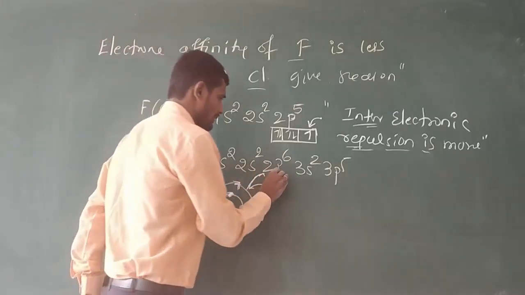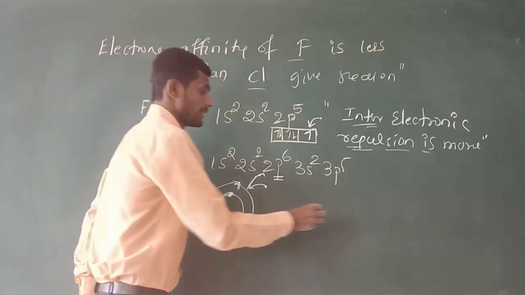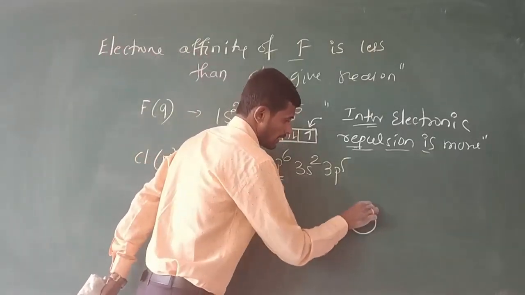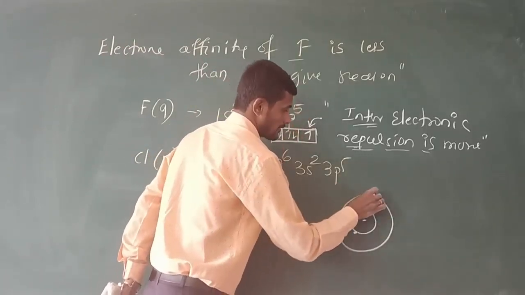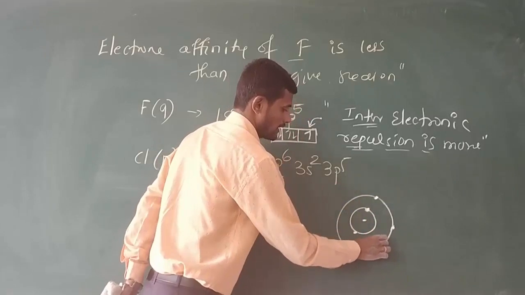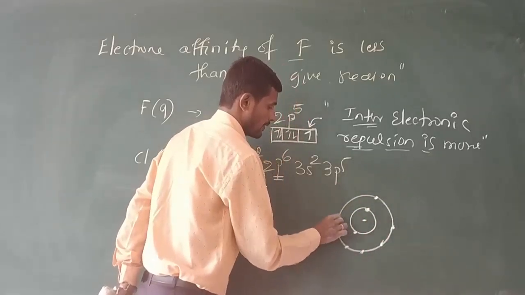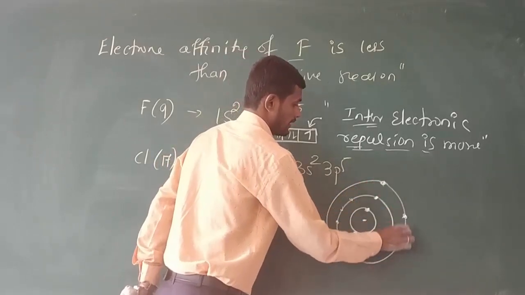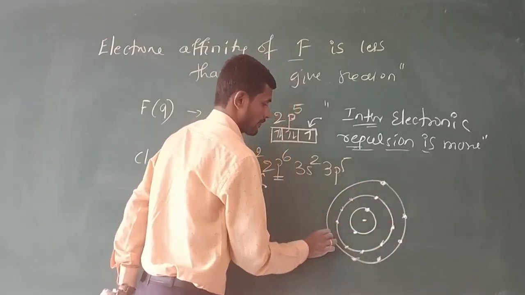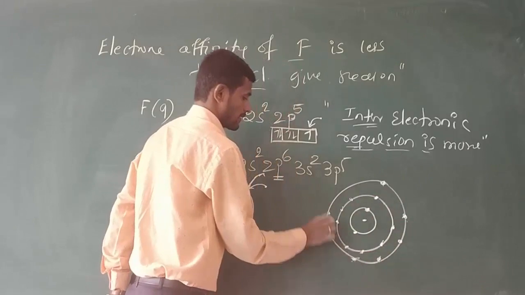And if you take chlorine, here you know the nucleus, and here 2 electrons in the first shell and 8 electrons in the second shell, and in the third shell there are 7 electrons. 1, 2, 3, 4, 5, 6, 7.